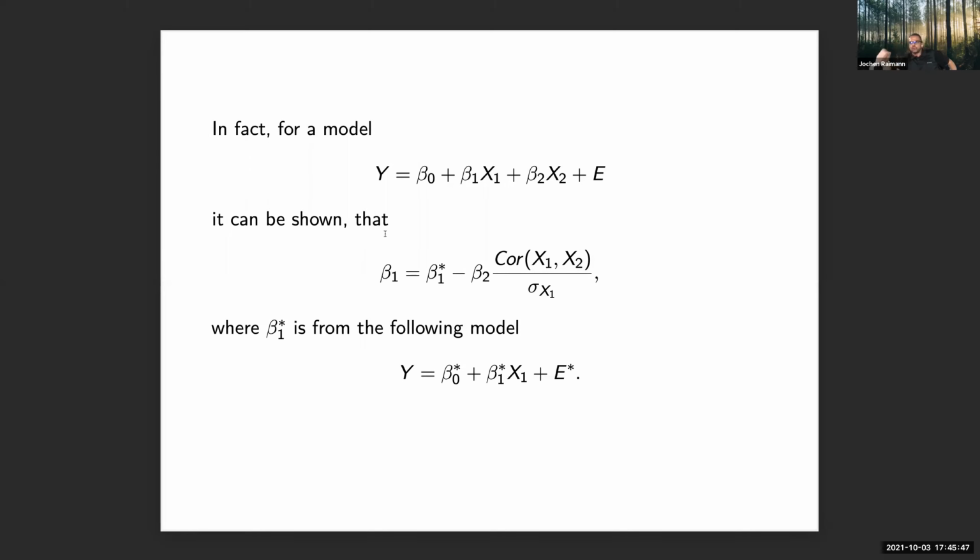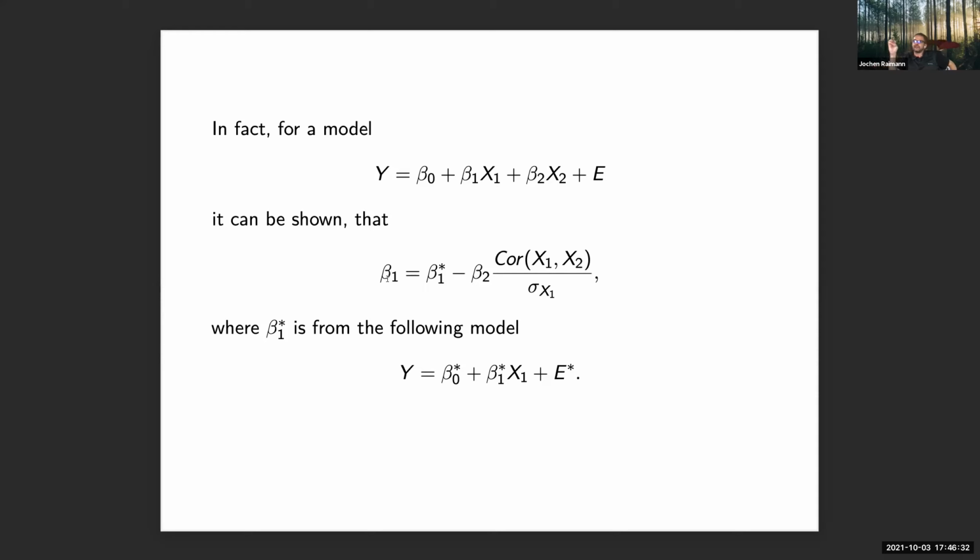So essentially what you can do is assume that beta 1 is equal to beta 1 asterisk, of this newly non-adjusted model, which we see in the third equation here, minus beta 2 multiplied by the correlation of x1, x2 divided by the standard deviation, the sigma of x1.